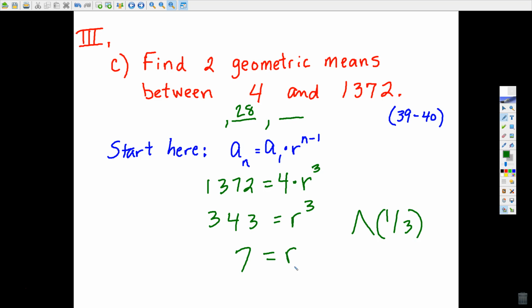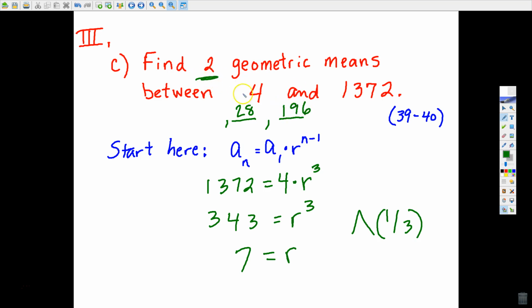Well, we know what R means, what we're having to multiply by each time. So if you know that 28 is this term, how would you get to the next term? There you go. Yep. Okay, and we've gotten our answer.